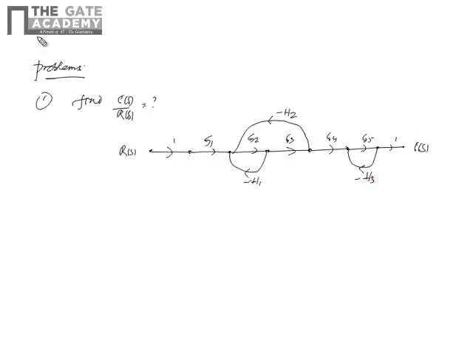Then another forward path, that is G6. Yes. So this is the problem given.